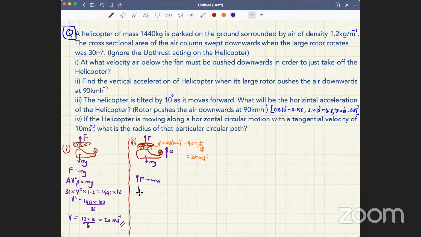So now for this particular scenario, we have to apply upwards F equals ma. So the upward resultant force is F minus mg equals ma. F is A V squared rho, minus mg equals ma. Let's say A is 30, V squared is 25 into 25, density is 1.2, minus mg, 1440 into 10, equal to 1440 into a.